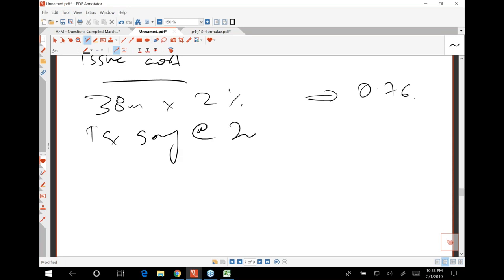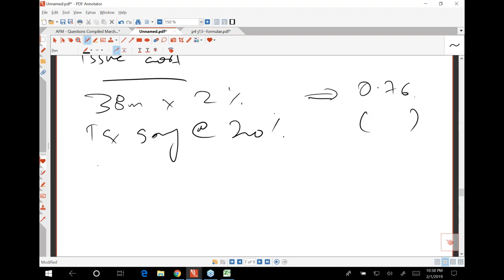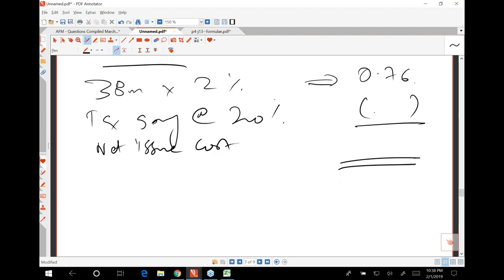I'm saying that there's going to be a tax saving at the rate of 20%, the relevant tax rate. So how much is the tax saving? Okay, 0.152.